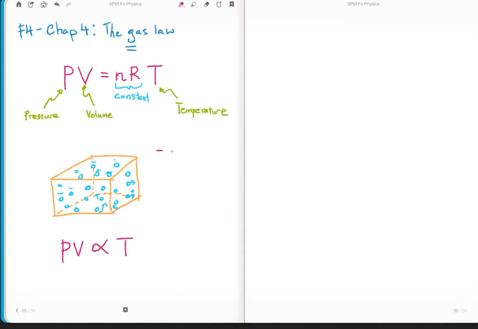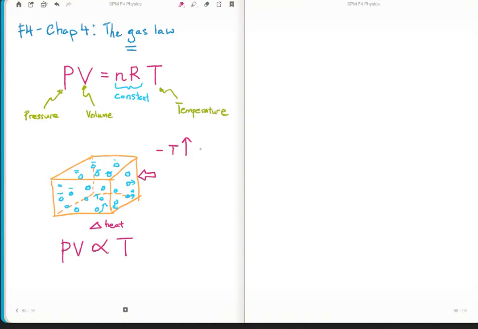At room temperature, when the temperature increases in this scenario, when you heat up this cube of atoms, the temperature increases.